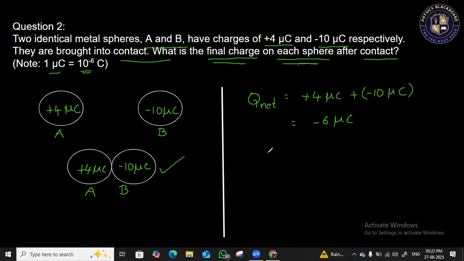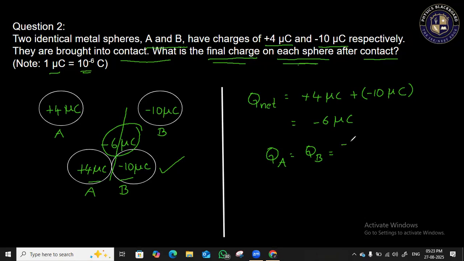So when it comes to the charge of each sphere, let's say the charge of sphere A or of sphere B: as they are kept in contact, both spheres will share the charge equally. Both spheres together have a charge of minus 6 microcoulombs, so they will share the charge equally.